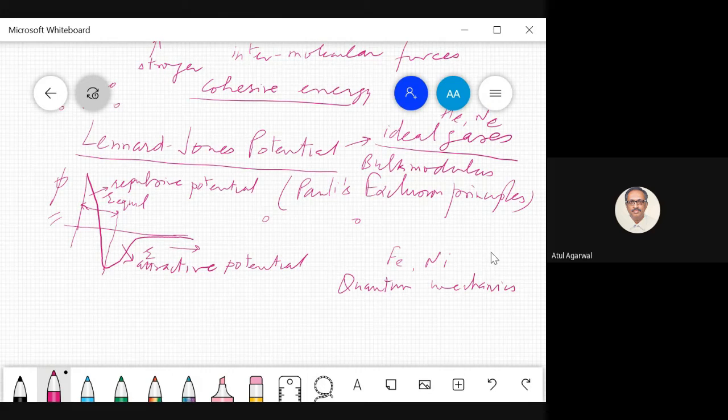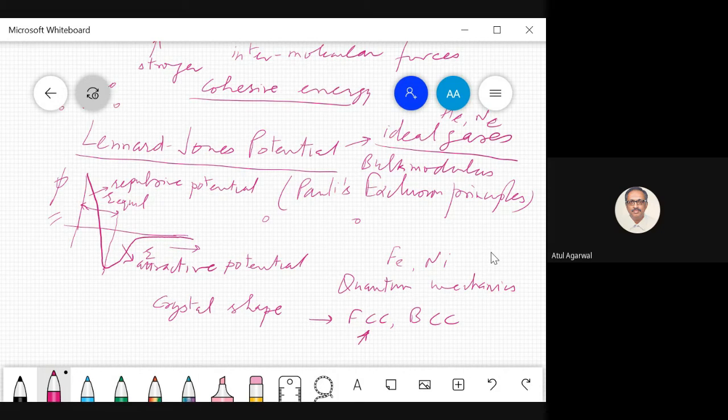That is a property of the material, iron, nickel, whatever you have, and it decides the crystal shape of the material, whether it is FCC, BCC, whatever the structure. Because of a certain potential energy function, it will acquire this structure, because in this structure the energy is minimum.